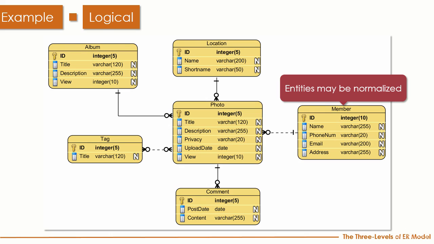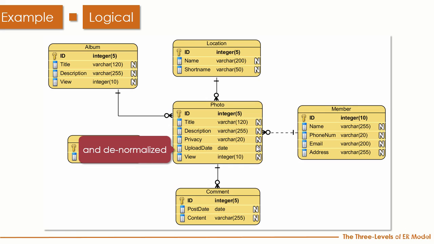You see now we separate the photo and the member into tables instead of putting all the member information into the photo entity. And sometimes we also denormalize that. We may consider something like the upload date. Instead of searching all the upload history, we just store the denormalized data.